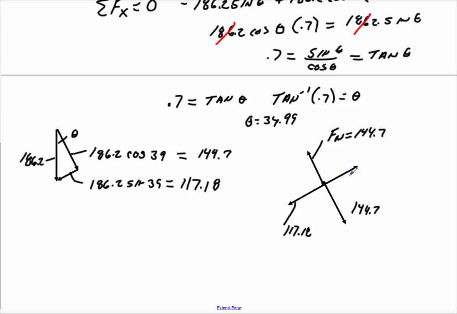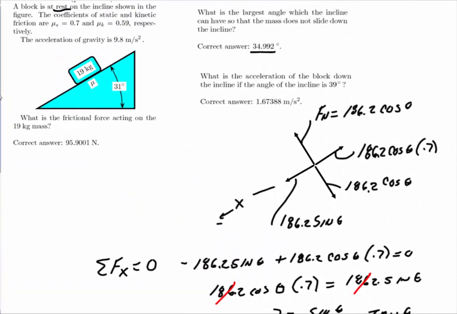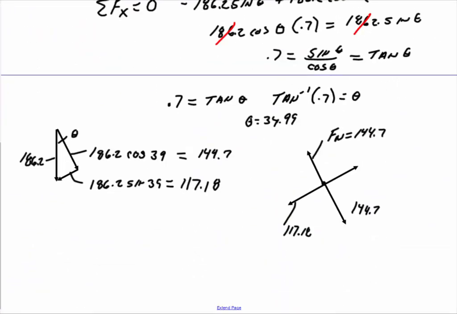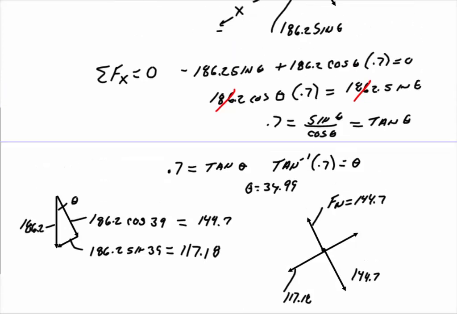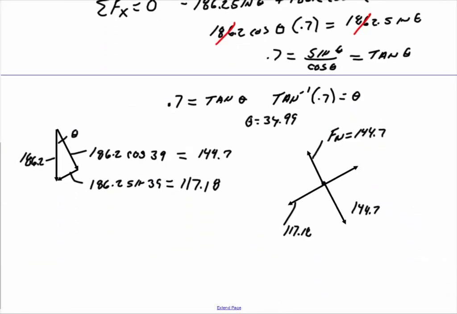Now this is going to be kinetic because we know the object's sliding, so we're going to just do normal force times 0.59. So I take 144.7 times 0.59, and that gives me a value of 85.373, and that's my kinetic friction.